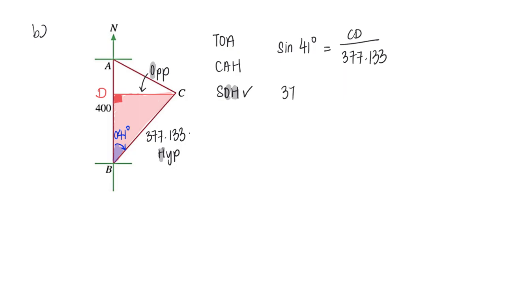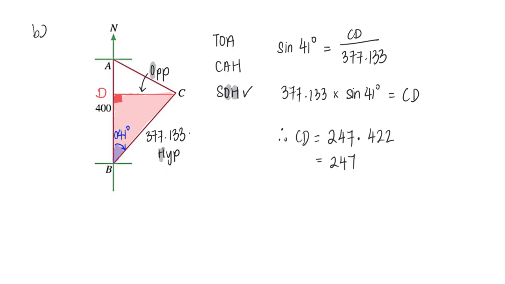Then from here you can see that all we have to do is multiply 377.133 by sine 41 degrees in order to find the length CD. And from here, I will be able to gather that CD will be equal to 247.422 to 6 significant figures, followed by the final answer, 247 to 3 significant figures.